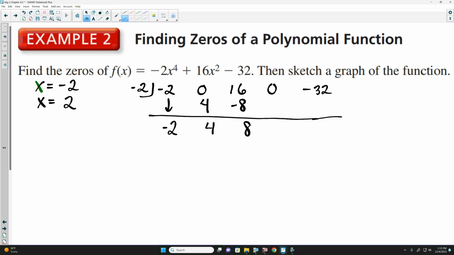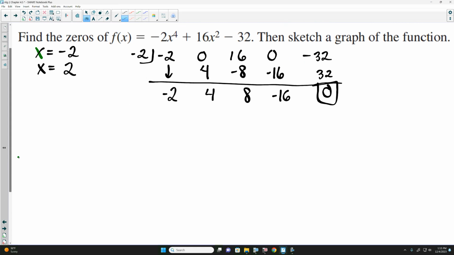Negative 2 times 8 is negative 16. 0 plus negative 16 is negative 16. Negative 2 times negative 16, negative and negative, make a positive 32. And negative 32 plus 32 is 0. Now, since the remainder is 0, it's telling us that this is indeed a solution.